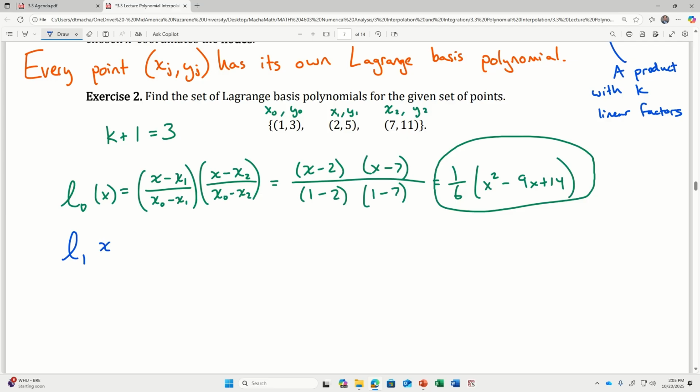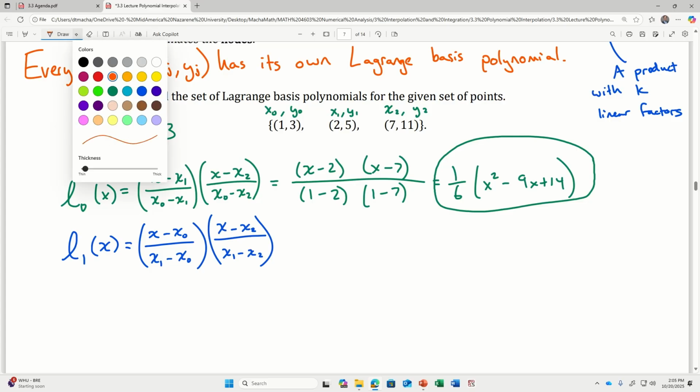Now let's calculate the Lagrange basis polynomial for the second point. For the second point, these factors are going to look like x minus x0 divided by x1 minus x0, and x minus x2 divided by x1 minus x2.